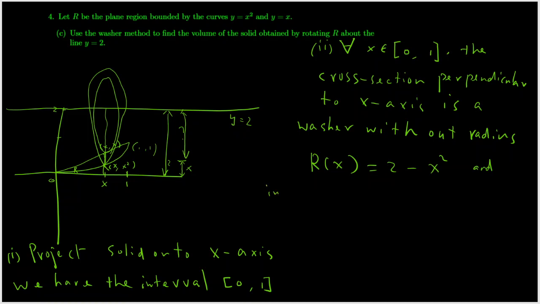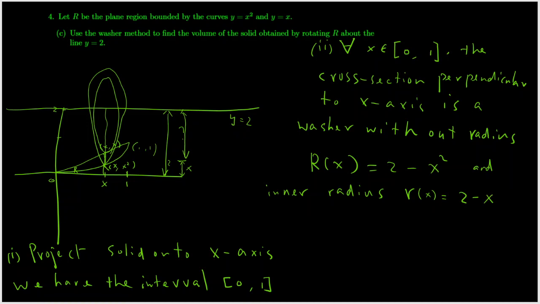Inner radius. I'm going to use lowercase r to denote the inner radius. Try again. Anybody want to tell me the inner radius? Two minus x. The inner radius is 2 minus x.